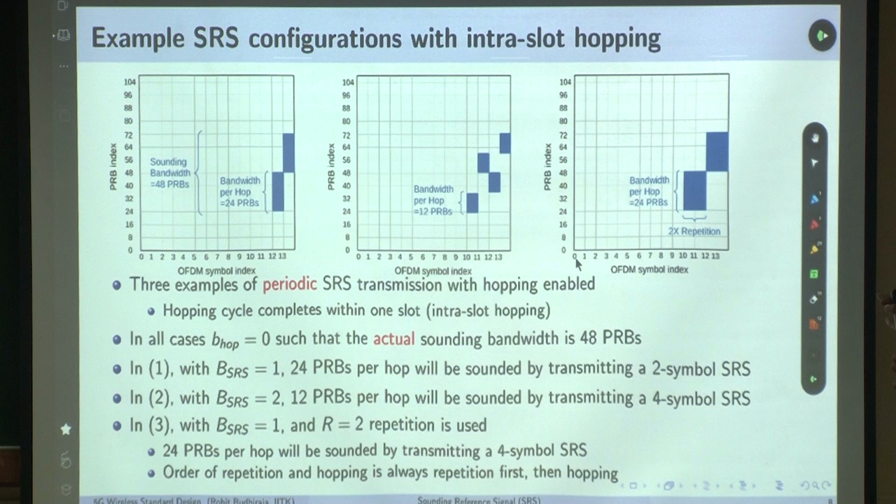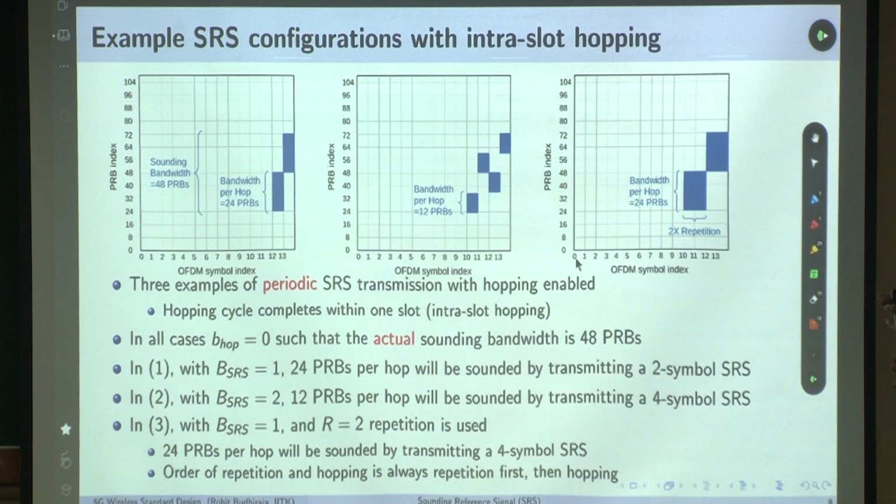It makes sense if there is a slight change in the channel, because over these two symbols the variation will be lesser when compared with the first and this symbol. So if the channel is constant, you want to average it. You want to repeat first and then hop later, that's all.